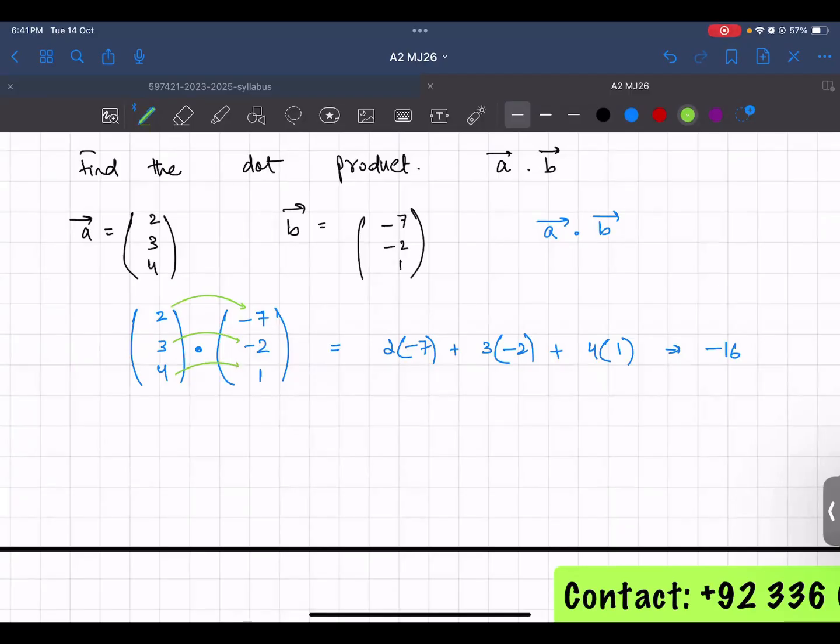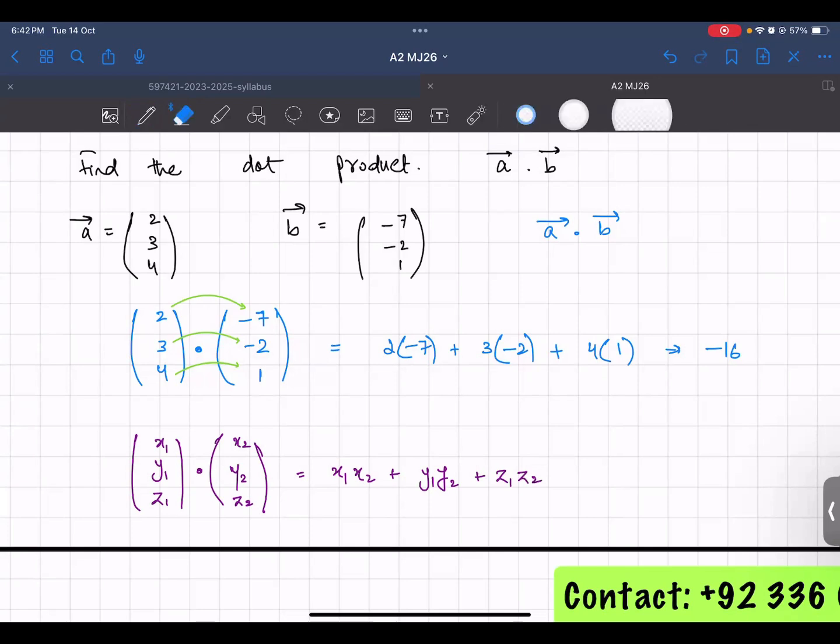In the generalized format: x1, y1, z1 dot x2, y2, z2 equals x1 x2 plus y1 y2 plus z1 z2.